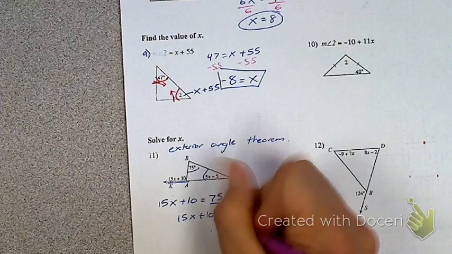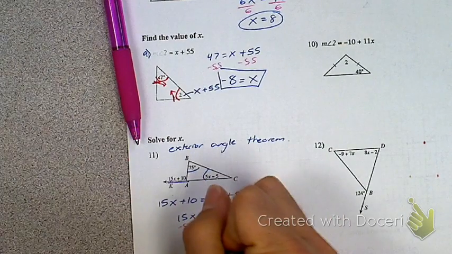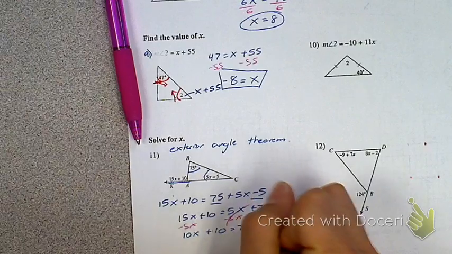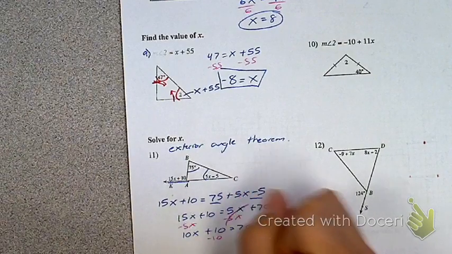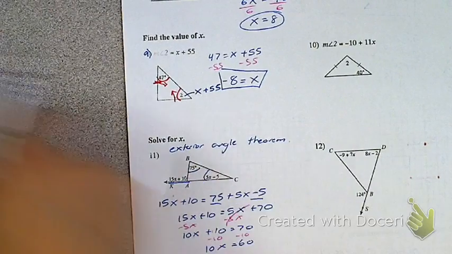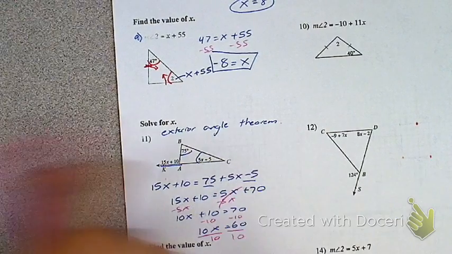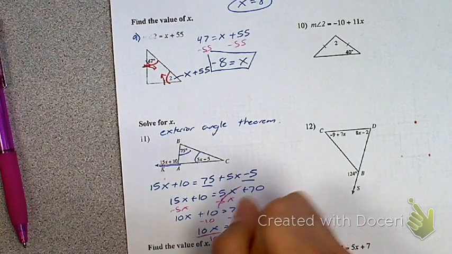Then we're going to move stuff, so I'm going to move the 5x. Subtract the 10. 10x equals 60, so you divide by 10 to get that x equals 6.